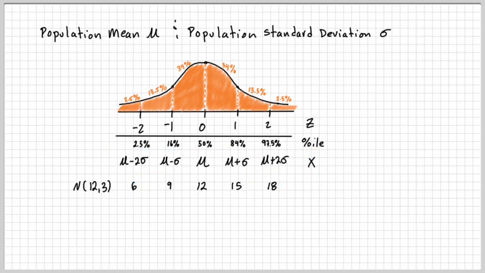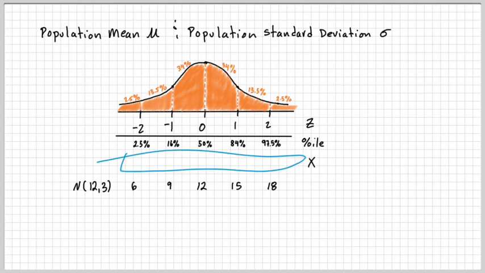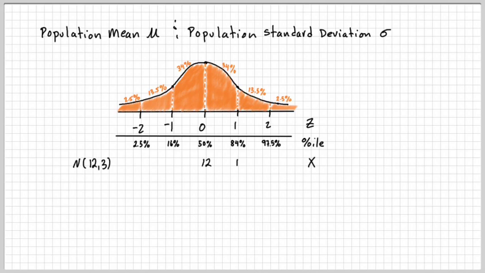Again, random variable x is what you're studying. Z is always present in these problems. Percentile is also present in these problems as well. So what you can do is get rid of this template piece right here and then move that up so it can match. You see that?